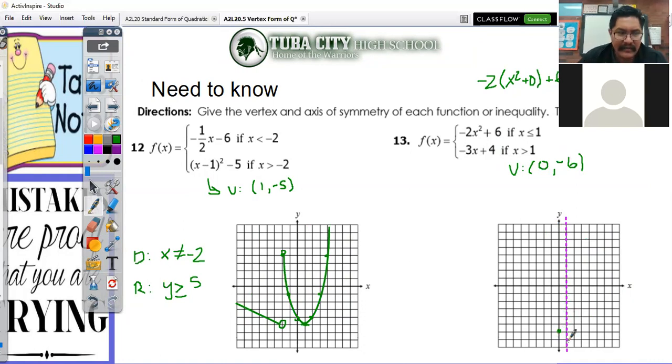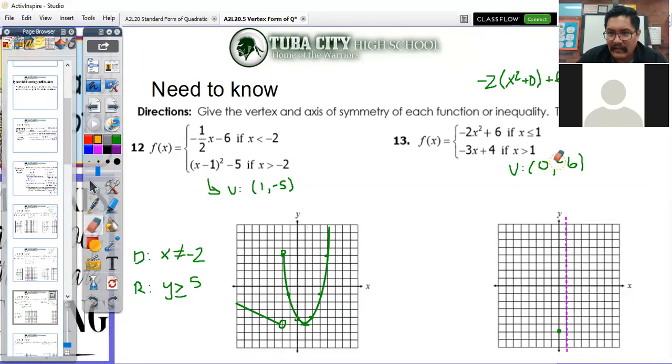I got to be careful with this too because I know this one's the opposite, and I accidentally got into the habit of thinking this one was going to be the opposite also.